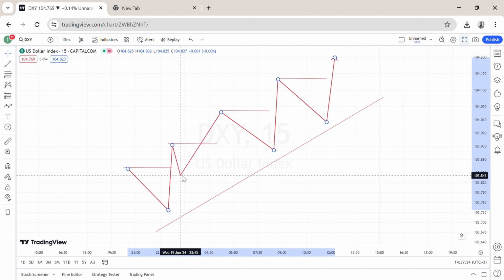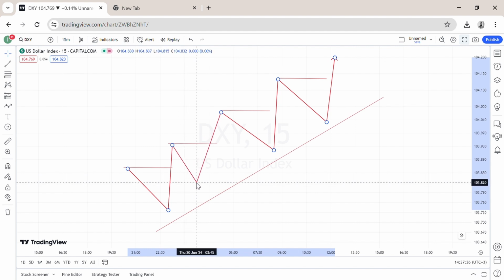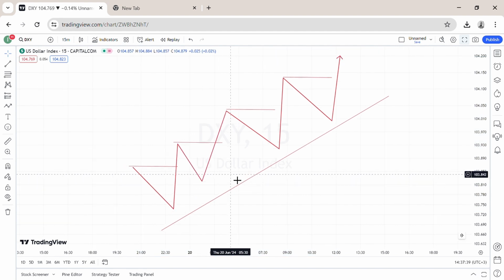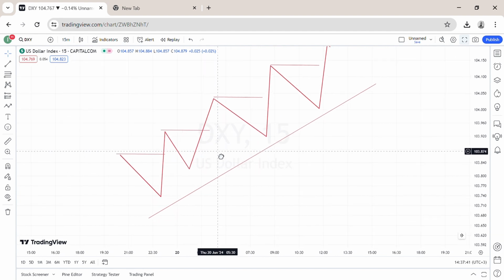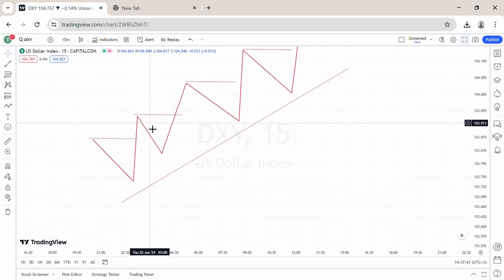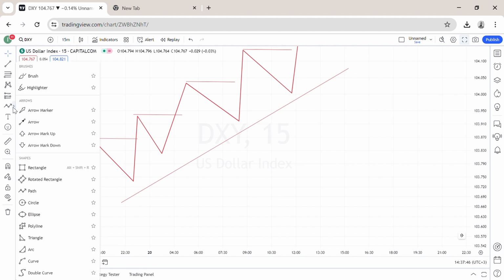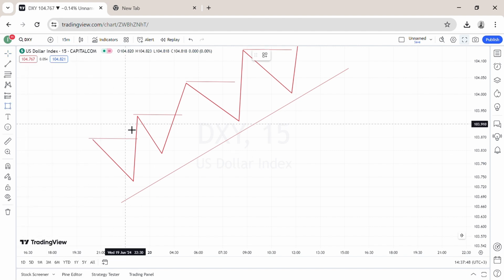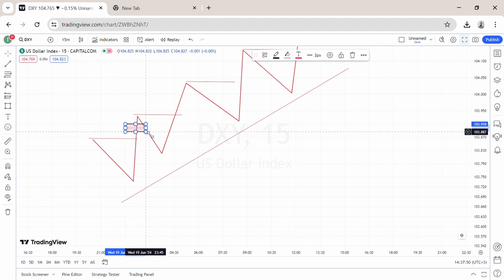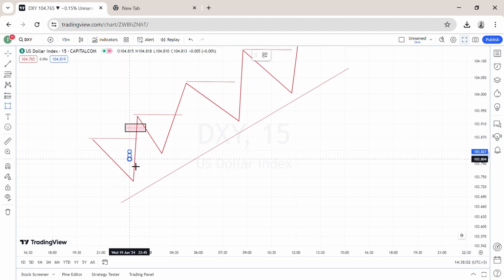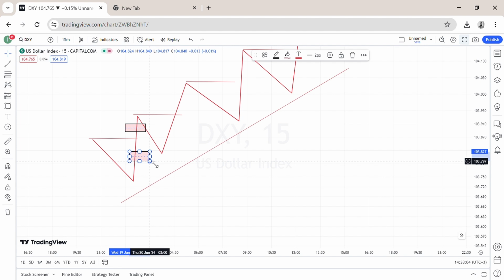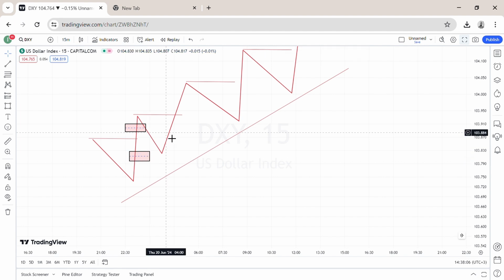Now, when you want to enter the market, when you want to really get involved, there is one thing you have to know. For example, if there is a fair value gap here, will you consider entering at this fair value gap, or, assuming there is another fair value gap right here, which will you choose?